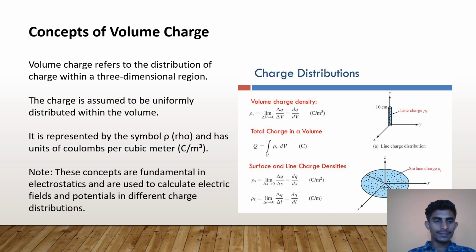The figures we saw before for line charge and sheet charge are relevant to volume charge density. Note that these concepts are fundamental in electrostatics and are used to calculate electric field and potential for different charges.